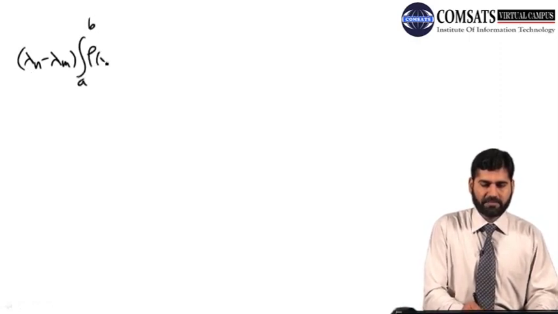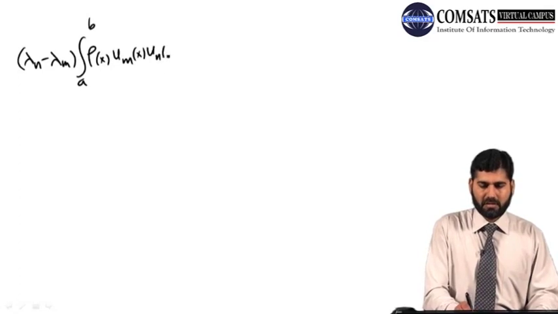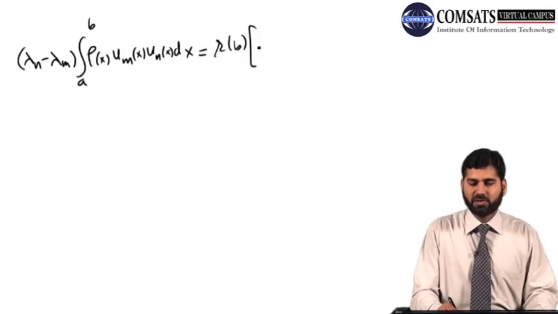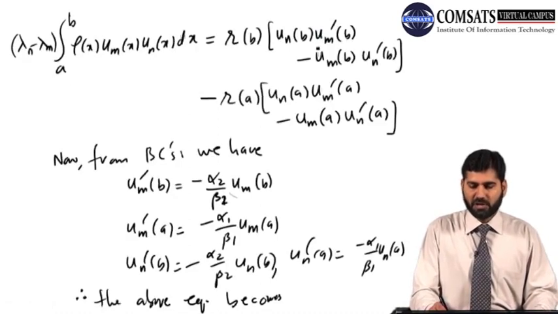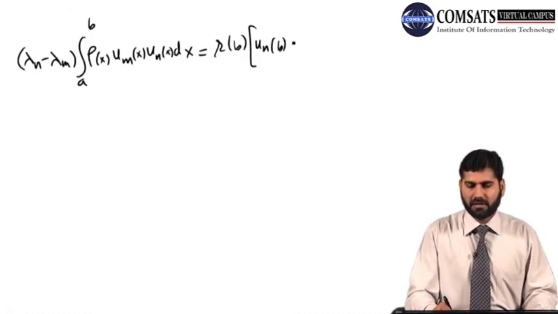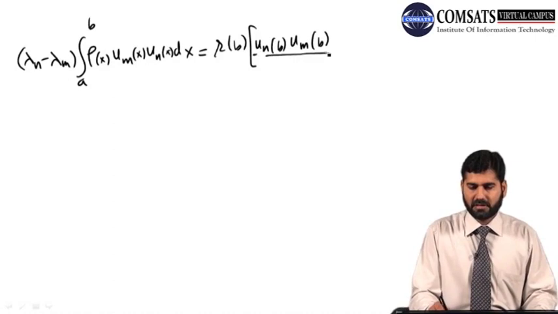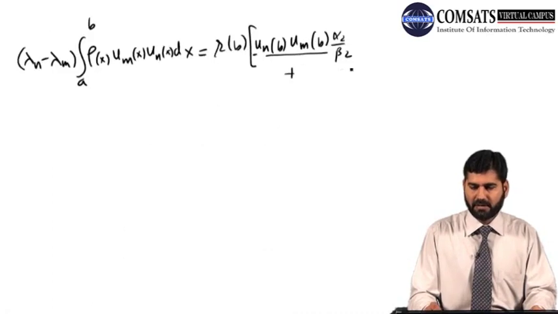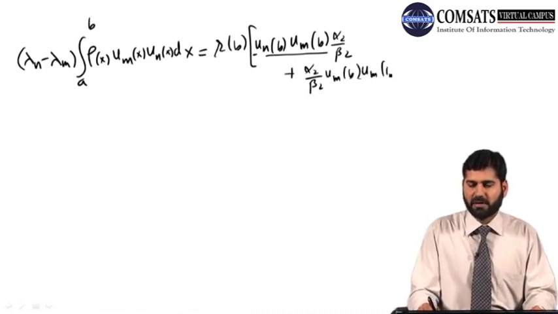Lambda n minus lambda m on the left hand side will remain there, dx equal to, at b, inside we have um of b and un of b, so um of b remains there, un prime of b is this one, minus alpha 2 by beta 2 un b, and minus will become plus, so this is alpha 2 by beta 2 um b un b.